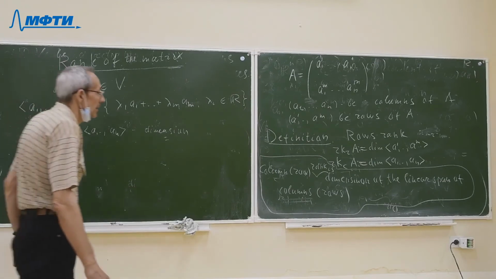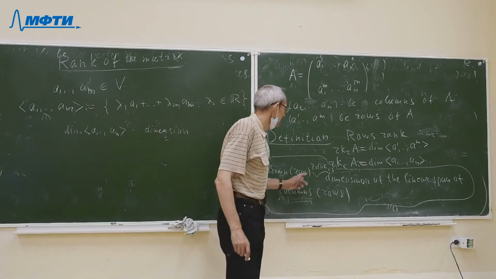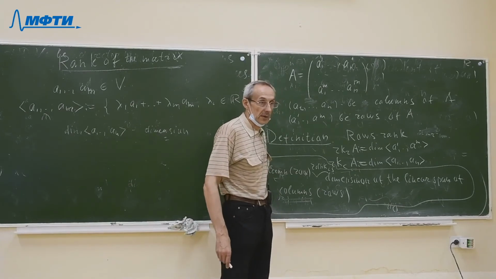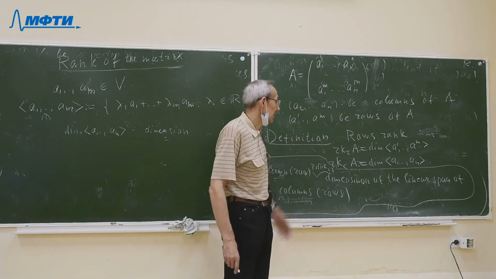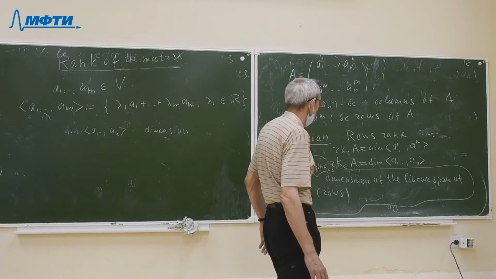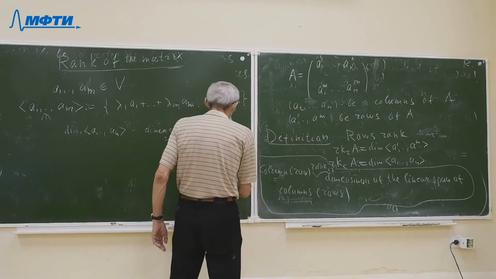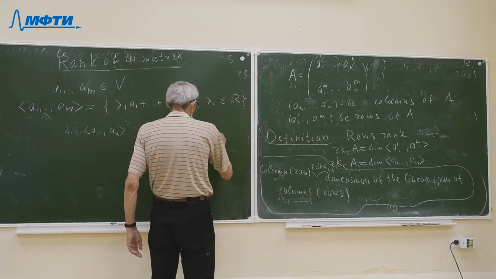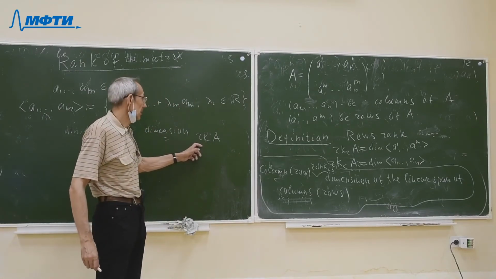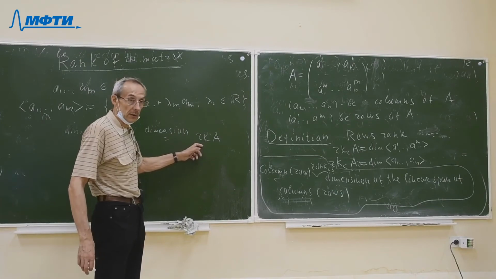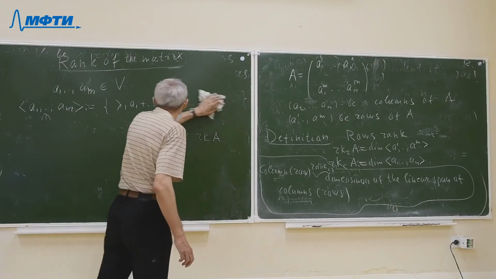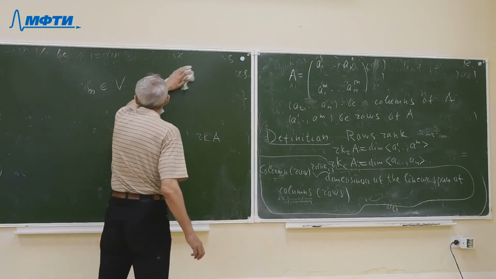The main theorem asserts that these two ranks coincide. They are the same number, and this number is denoted by the following symbol and called the rank of the matrix A. The main theorem.